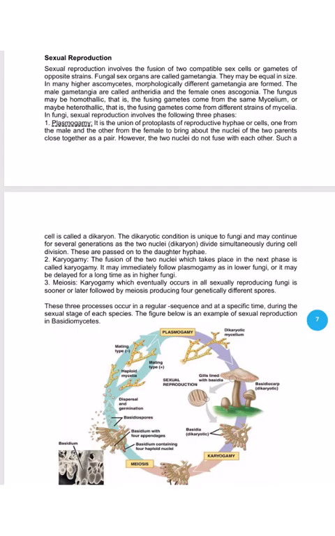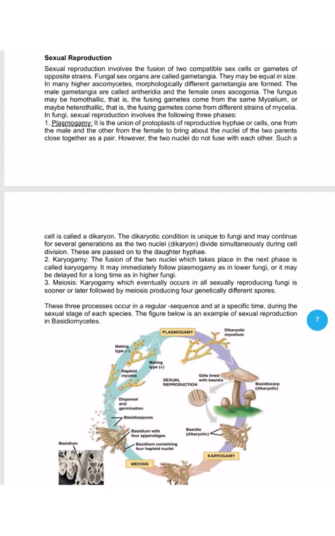After karyogamy, the diploid cell, having the full number of chromosomes, can then undergo meiosis division. That means producing haploid cells again, which act as gametes to continue the cycle of sexual reproduction.